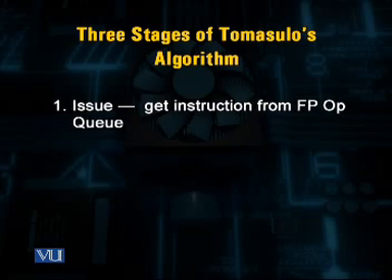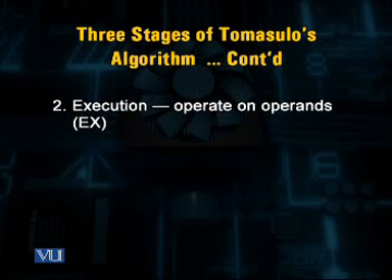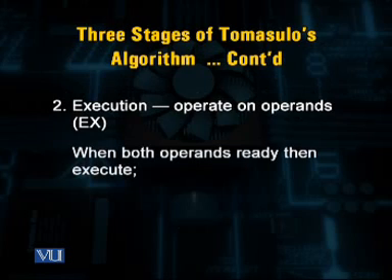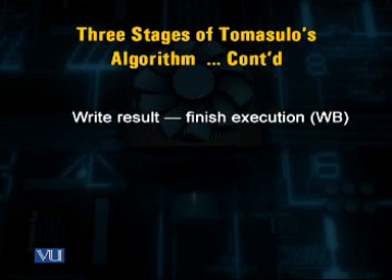This process is also known as renaming the registers. The second step is known as execution. Here, the operation onto the operands is performed when both the operands are ready for the execution purposes. The third step is known as the write-back step. The write-back step is performed when execution is finished.